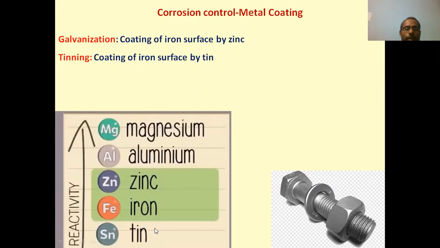That means tin is the most noble metal among these. Out of all these metals, magnesium when exposed to the atmosphere undergoes corrosion faster, whereas tin corrodes at a lower rate because it is more noble in nature. So based on the reactivity, the metal undergoes corrosion reactions.